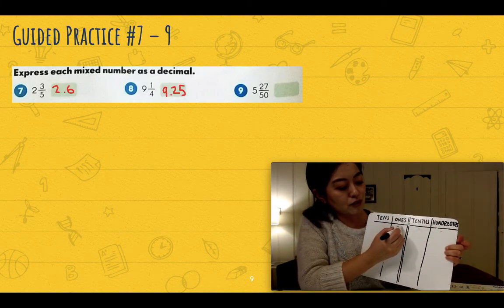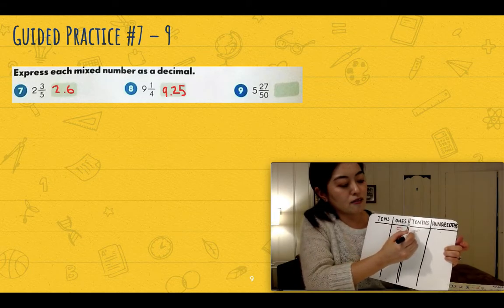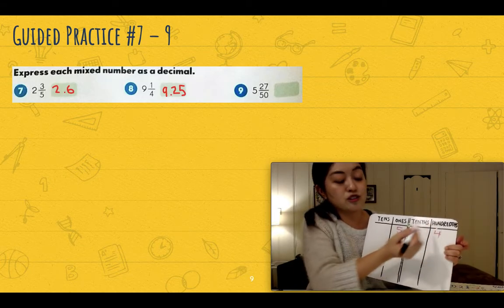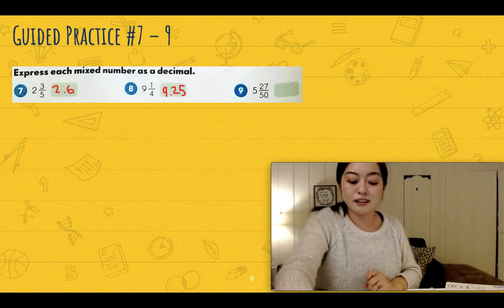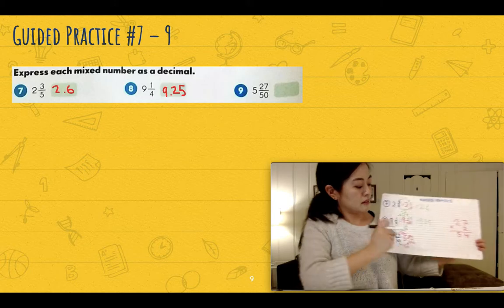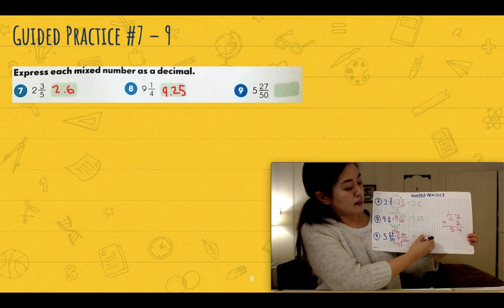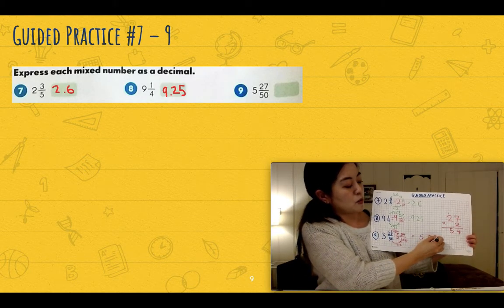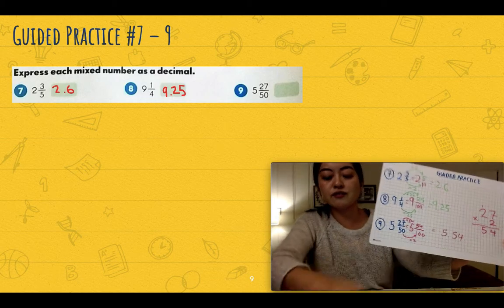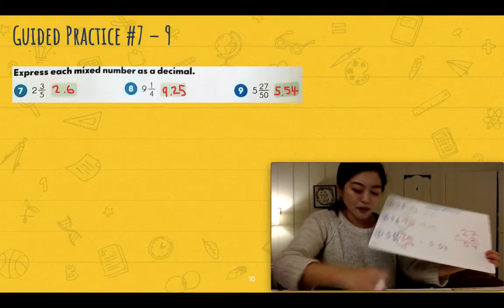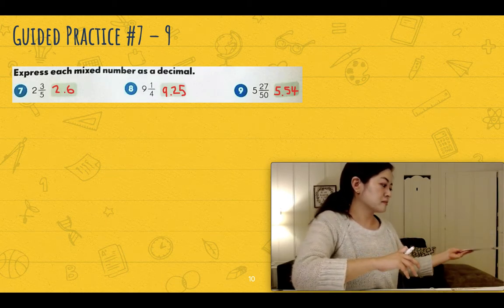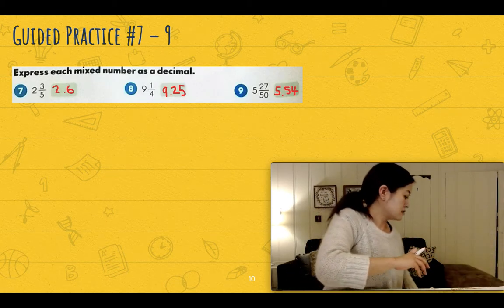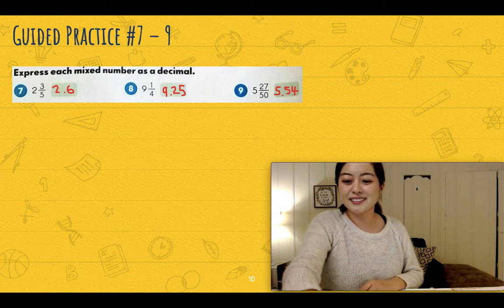So we read 5 and 54 hundredths. Okay, so number 9 becomes 5.54 or 5 and 54 hundredths. Ooh, all right. You guys are doing great. Okay, next.